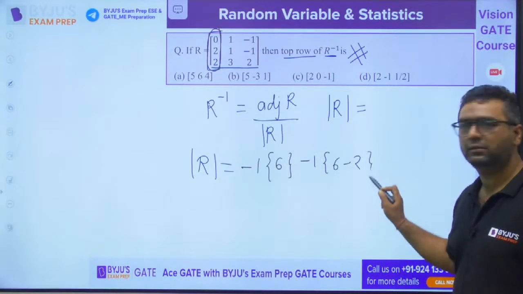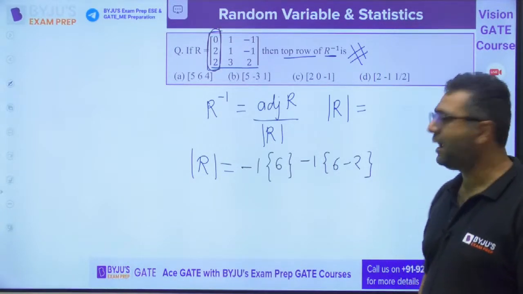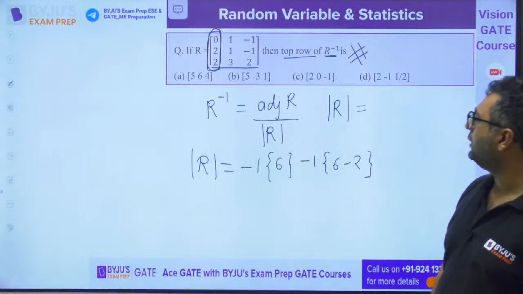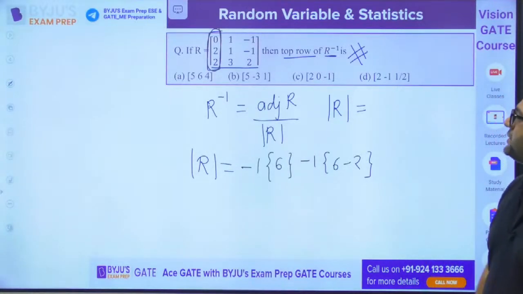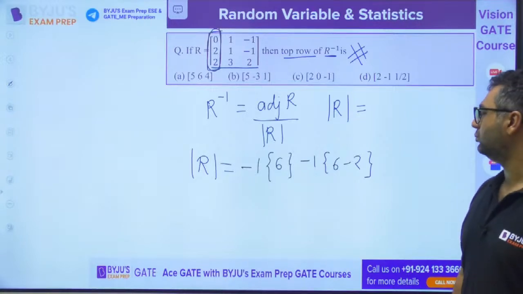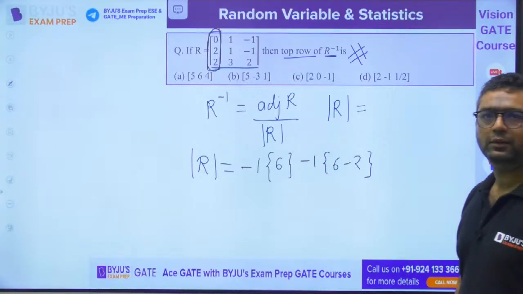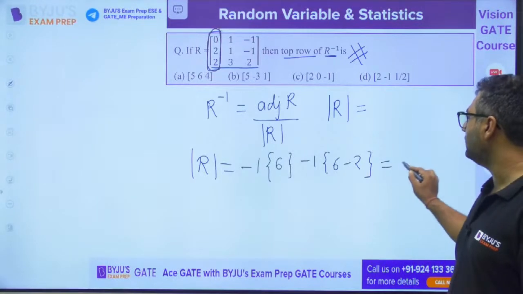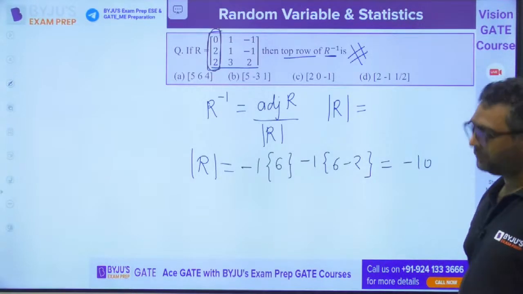Is it like that? Or am I doing some mistake? I don't know actually. -1, 6, -2. 4 minus of -2. Okay, it is coming out to be -10.